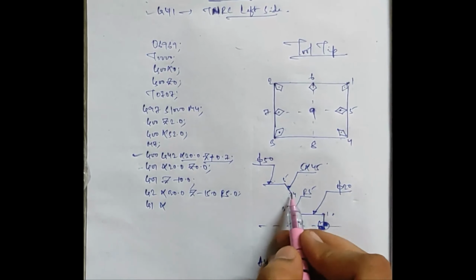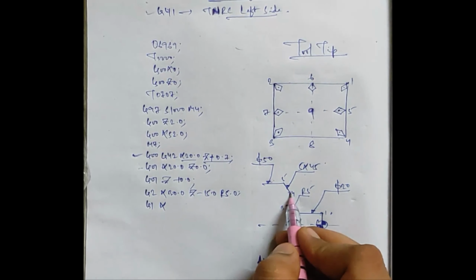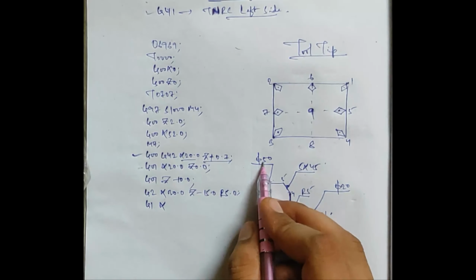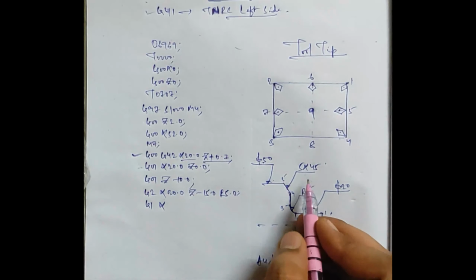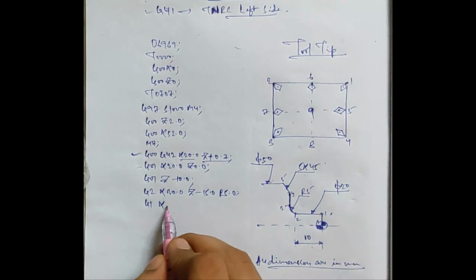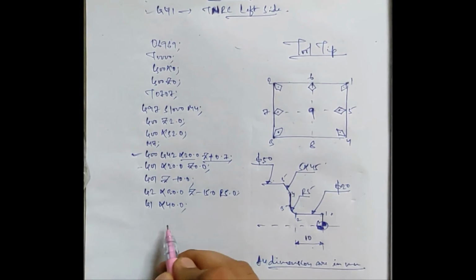X will be how much at point number 4? The measured diameter is 50, then subtract 10 mm from that, so it will become 40. So X40.0.